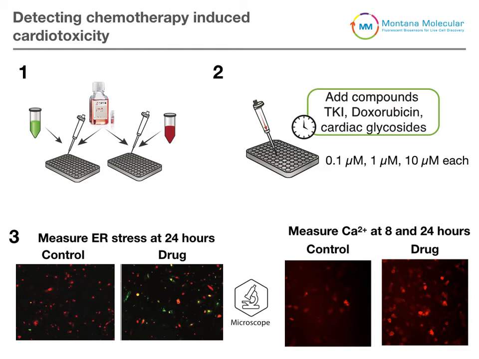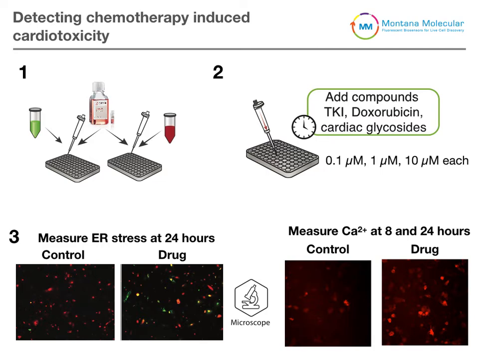To do this, we plated cardiomyocytes in 96 well plates, transduced the cells with either the stress sensor or the calcium sensor, added these different chemotherapeutic compounds, and measured stress at 24 hours or calcium fluctuations and beating at 8 and 24 hours.